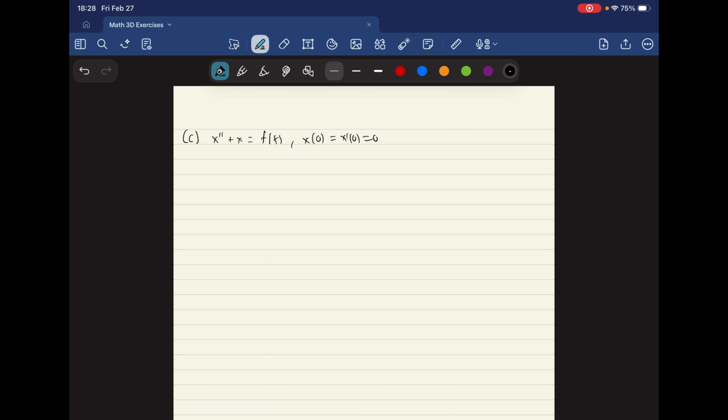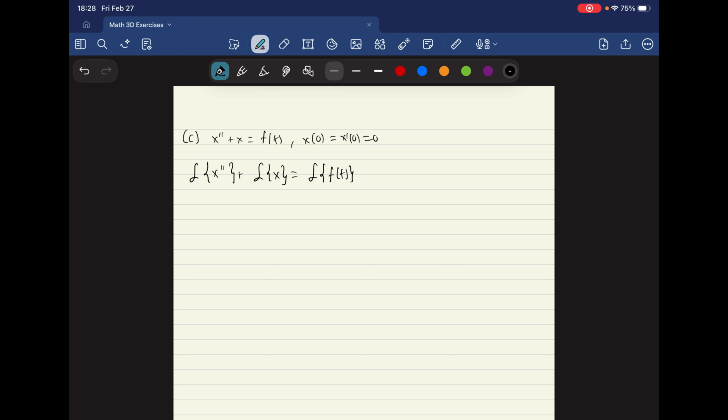Okay. So taking the Laplace transform of both sides, we get L of x double prime plus L of x is equal to L of f of t.